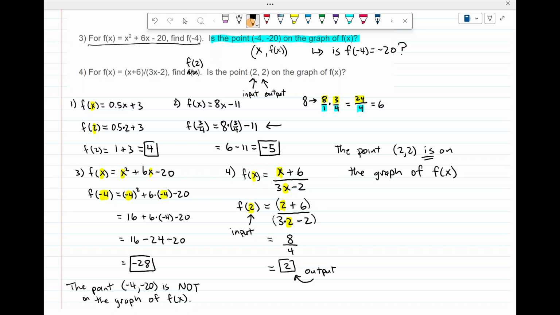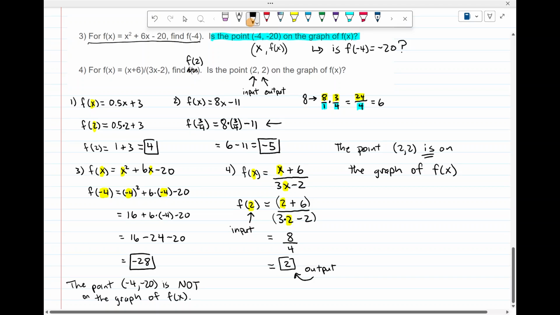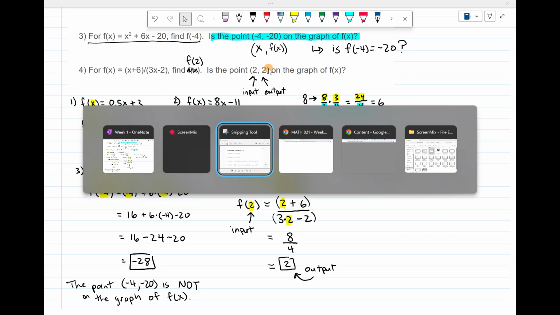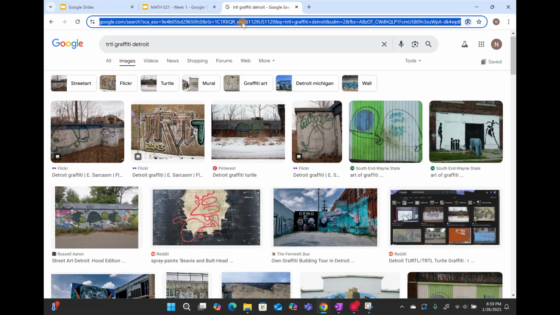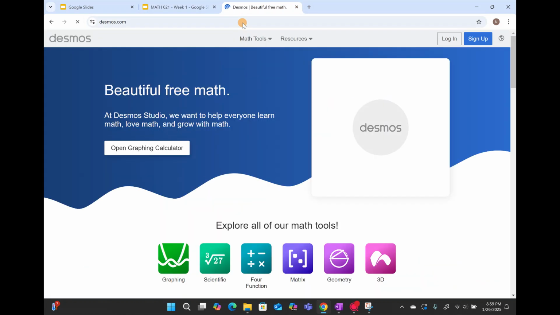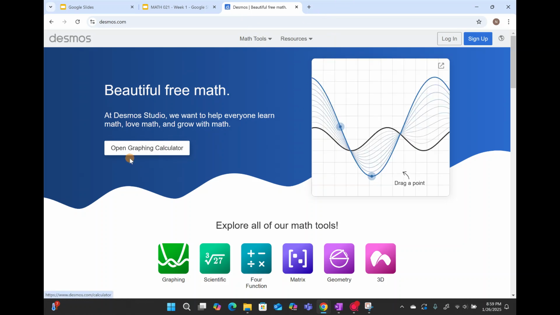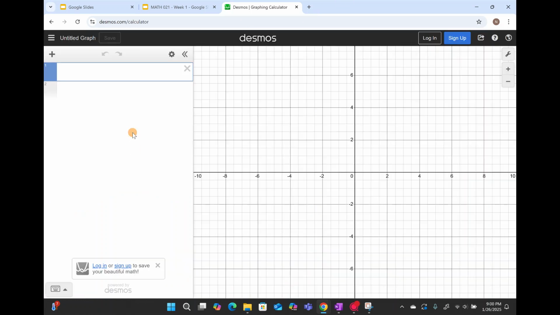All right. And before we keep moving, I would like to just show you one more thing. Another way we can answer some of these last problems, whether or not the point is on the graph of f of x. So let's go to Desmos, and we'll go to the graphing calculator.